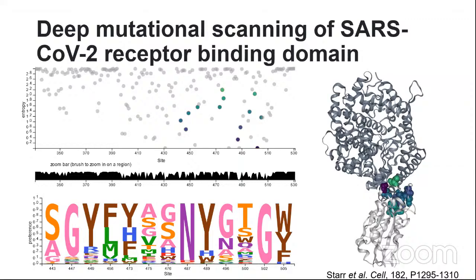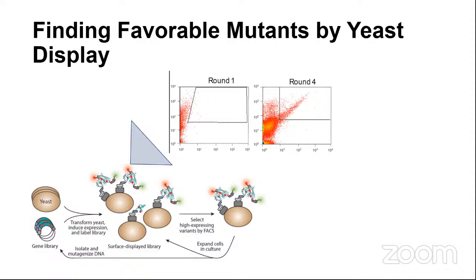There are ways of doing this experimentally. One of the most popular ways is yeast display, where you tie the genetics and the protein structure together. You have a protein sequence that you want to look at. You introduce mutations at a few sites.